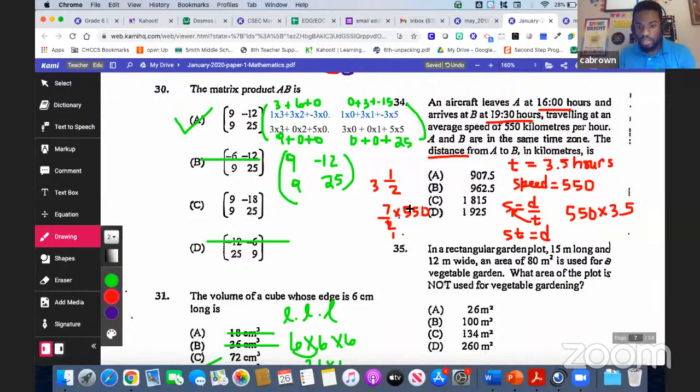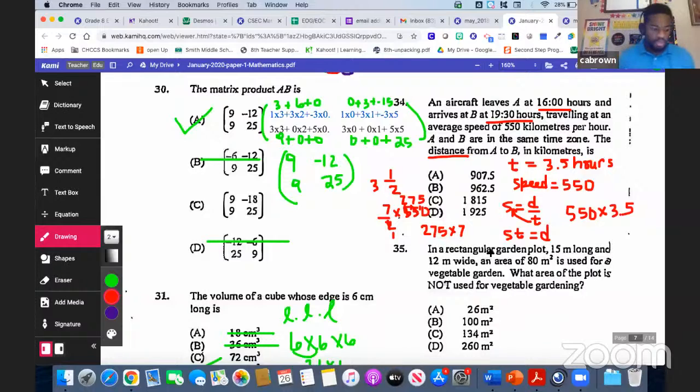550 divided by 2 is 275. So we're doing 275 times 7.